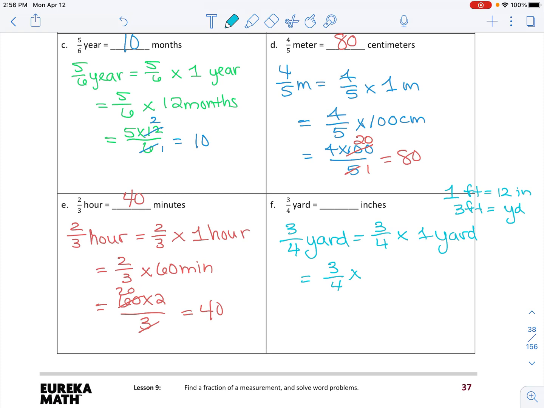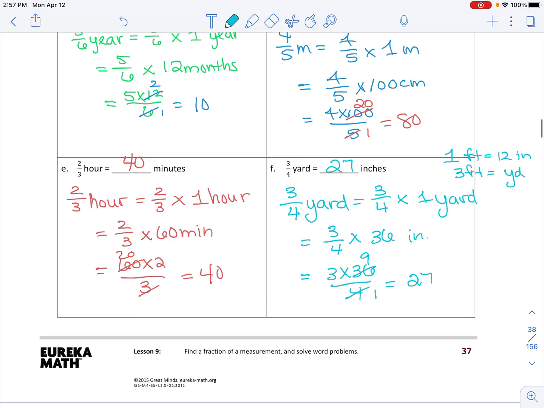So if we want to go from yards to inches, we have to know, well, 1 yard is 3 feet. 3 feet is 36 inches. Now I can do my multiplication. 36 divided by 4 is 9. 3 times 9 is 27. So there's 27 inches in 3/4 of a yard.